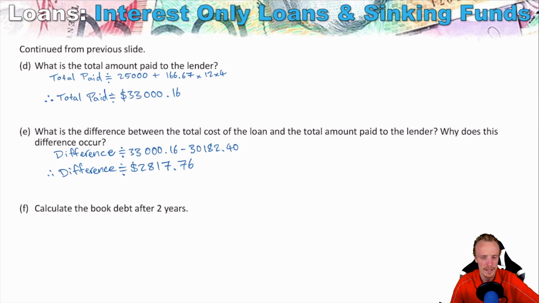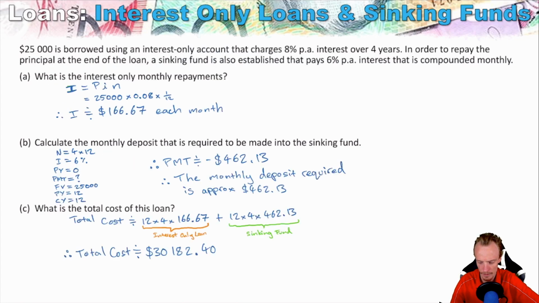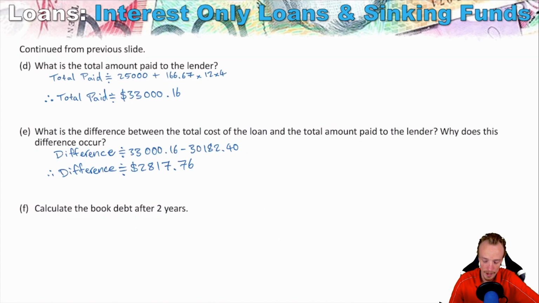How can you physically pay back more than what you actually paid for this account? The difference actually comes from the interest. You've got to remember, we had a sinking fund. That sinking fund was accruing interest throughout the entire duration of the loan, which is where that extra money has come from.